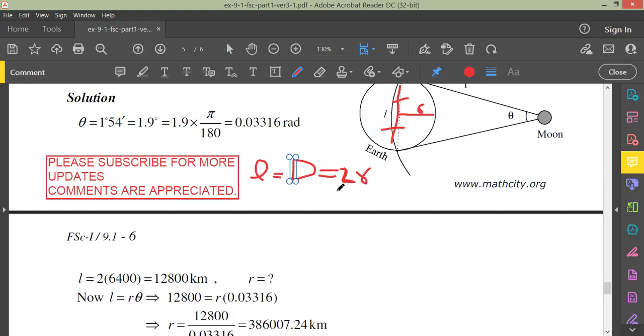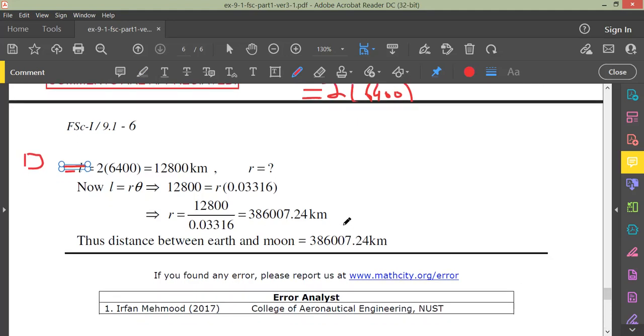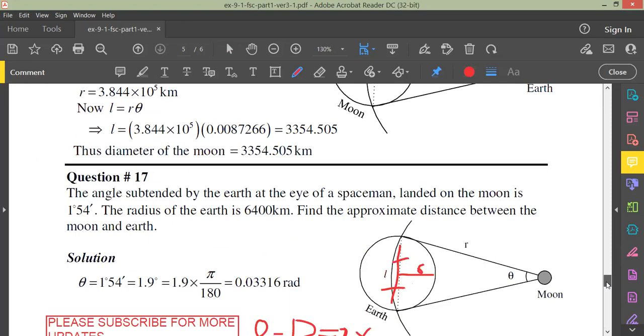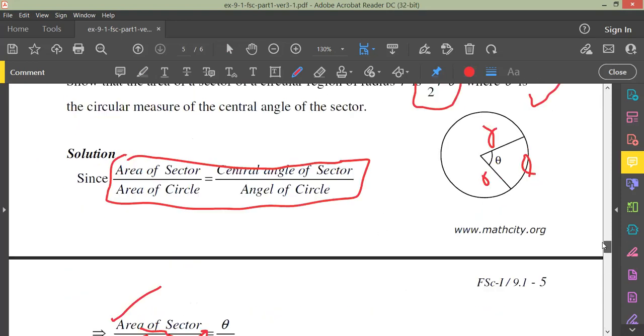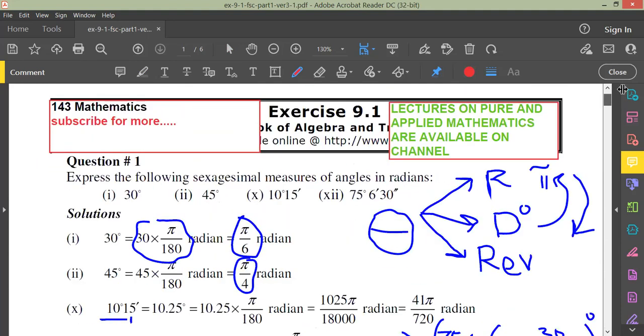So L is equal to 2R, and R is equal to 6400 kilometers. So L is equal to double of the radius because L is diameter. So we will simply apply the formula L is equal to R theta to calculate the final answer of this question. So this was our whole exercise 9.1 we have discussed here today.